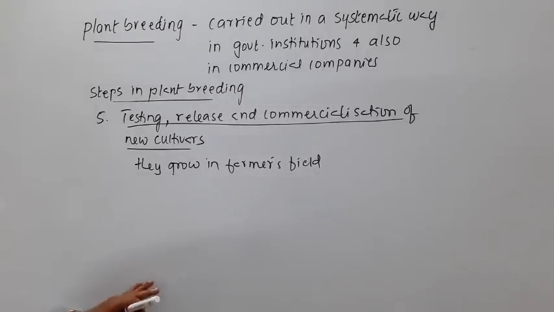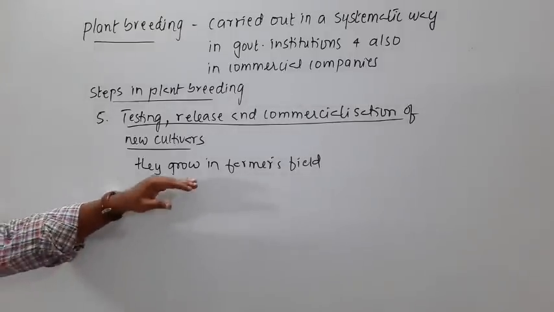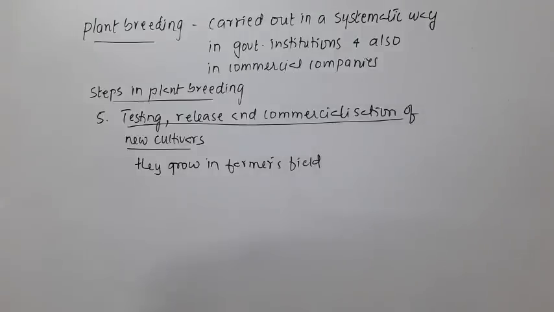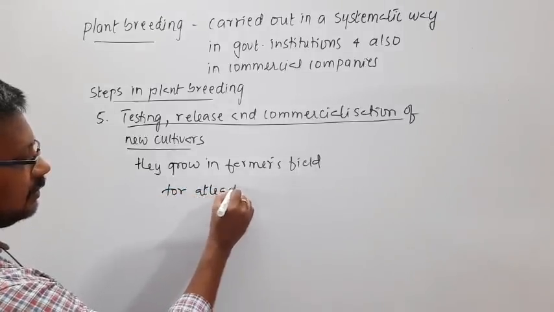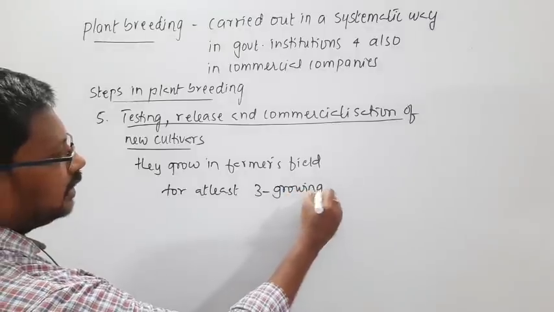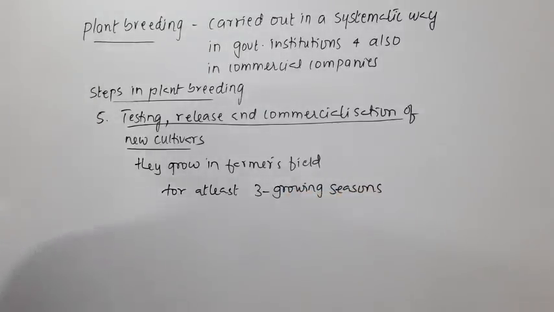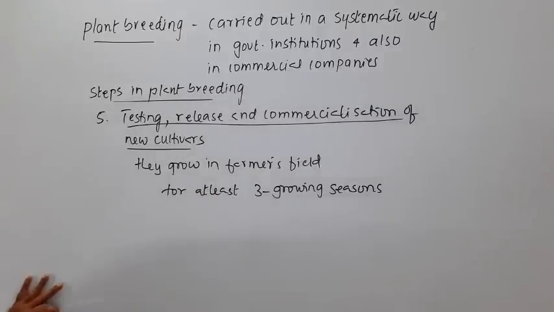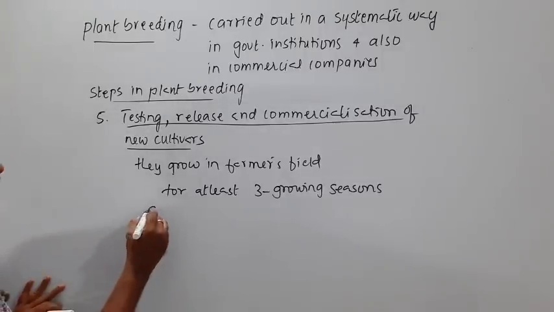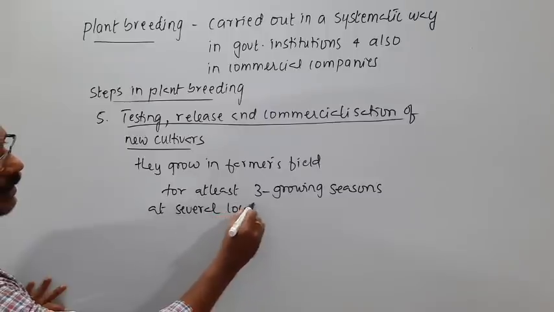Earlier they were all under ideal conditions and may give good yield, but under real conditions, the seeds they have produced will be grown in farmers' fields for at least 3 growing seasons to ensure that the cultivars are stable, at several locations in the country.